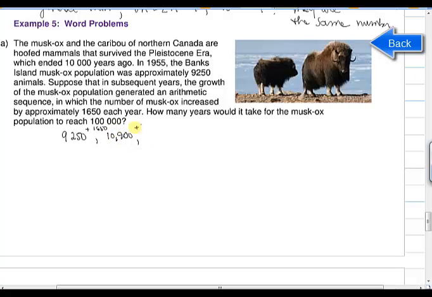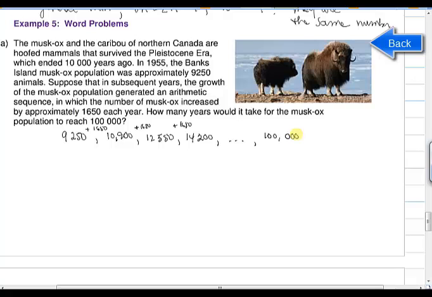And then if we add another 1,650, we would get 12,550. And if we add another 1,650, then we would get 14,200, and we want to find out how long it takes to get to 100,000.